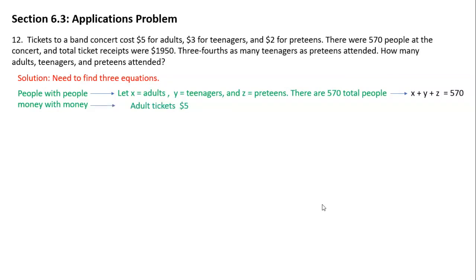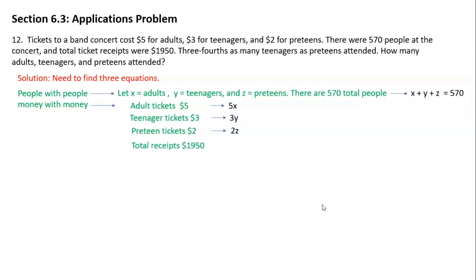This is like the revenue, okay? So to get revenue, adult tickets are 5, so 5 times x gives me the total for the adults. Teenagers is $3, so 3 times y will give me the revenue for the teenagers, and $2 for preteens, so the revenue for the preteens would be 2 times z. Now, if I add all these values together, it has to give my total receipt value.